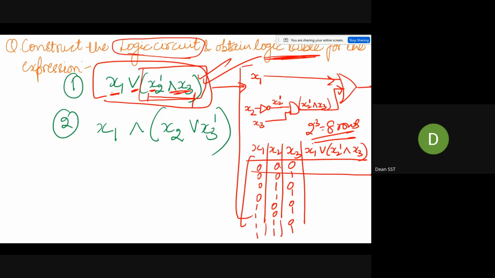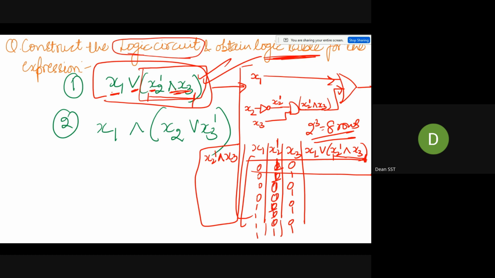Is it clear? Before coming to this, you need to find X2 bar and X3. Suppose we want to find X2 bar. X2 bar will be the opposite: 0 is 1, 0 is 1, 1 is 0, 0.